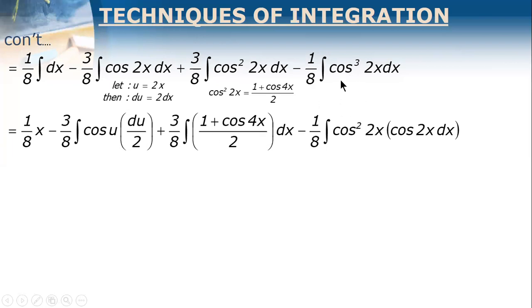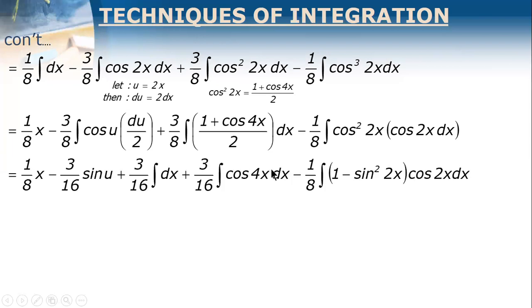Then separate this one, so squared na lang. This will be part of du. So therefore, your u must be sine 2x, so that when you differentiate u equals sine 2x, you will have cosine 2x. So to have sine 2x, you replace this 1 by its identity, 1 minus sine squared 2x.